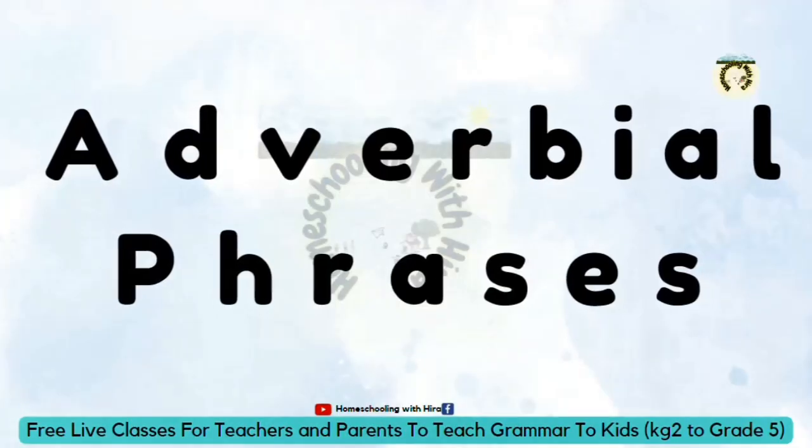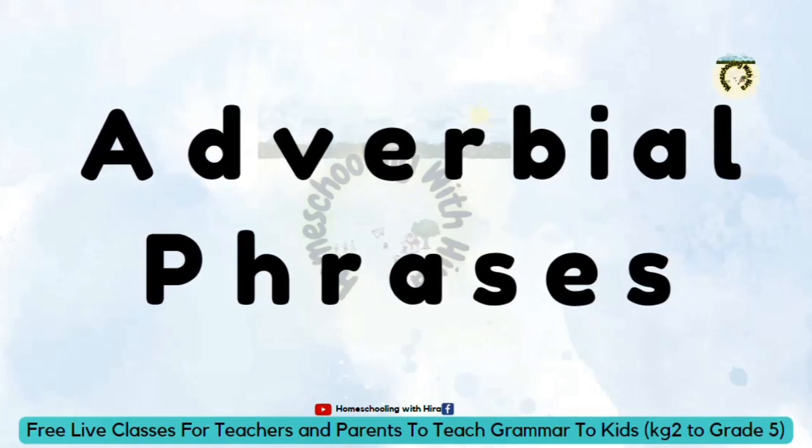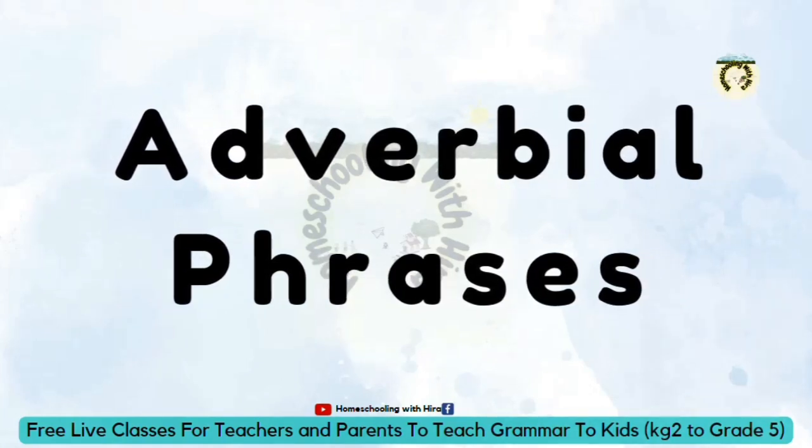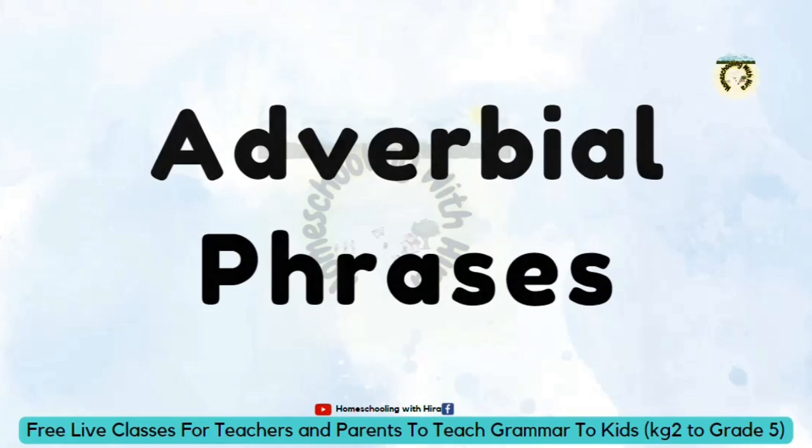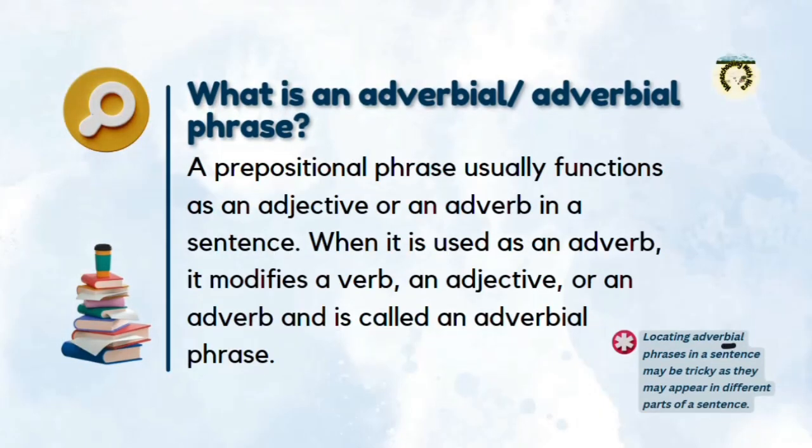Let's move on to adverbial phrases. They are also easy. Just remember what prepositional phrases are. Remember prepositional phrases? So if a prepositional phrase is working as an adverb, it will be called an adverbial phrase. What is an adverb?